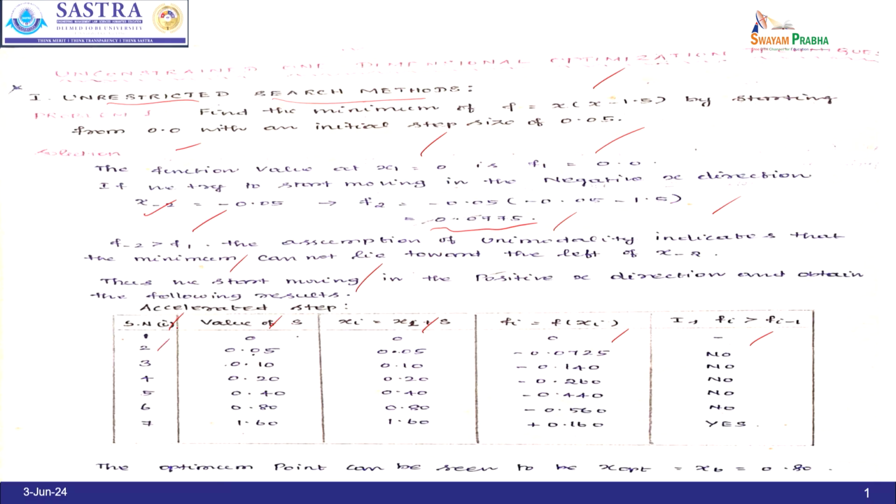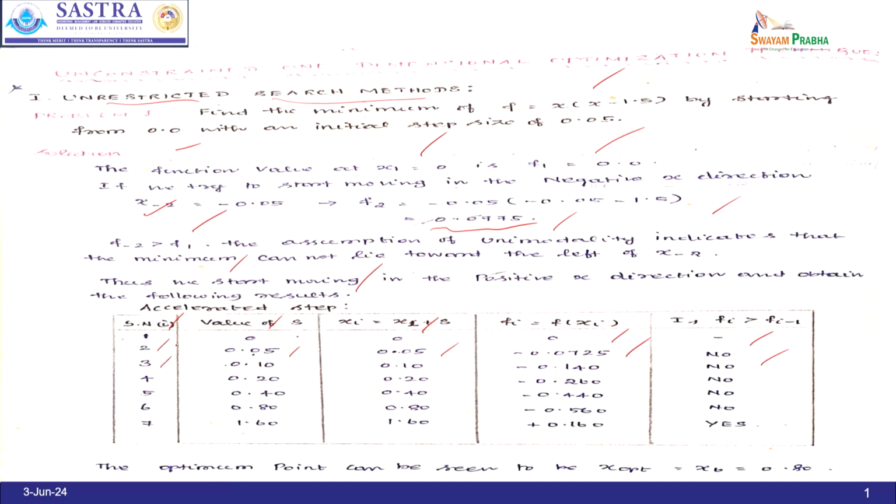Now go to x2, that is i = 2, and the step size is 0.05, xi = xi + s, that is 0.05 + 0 = 0.05, and the function x(x - 1.5) is -0.0725. Comparing fi with f_{i-1}, no possibilities, no.